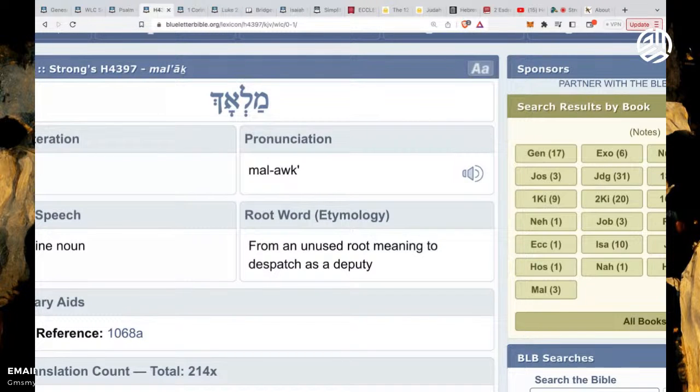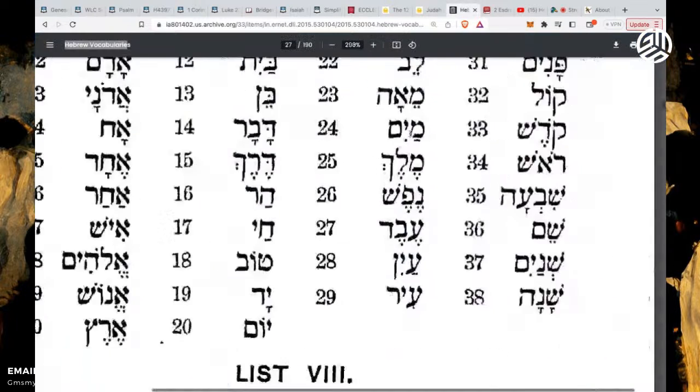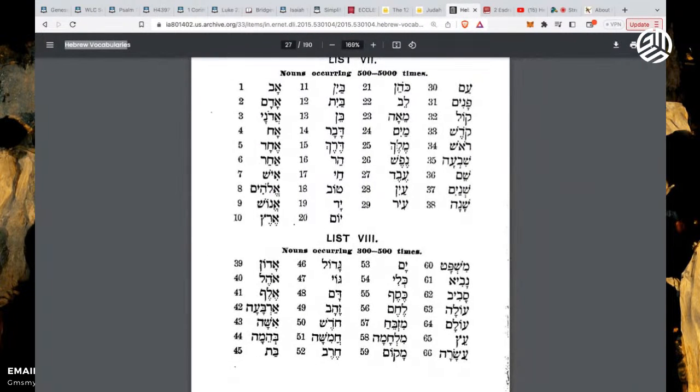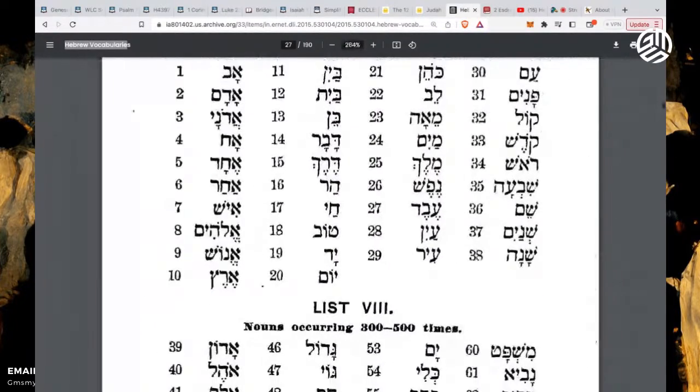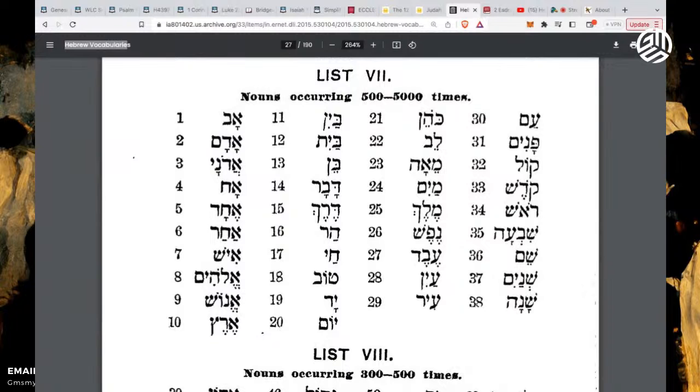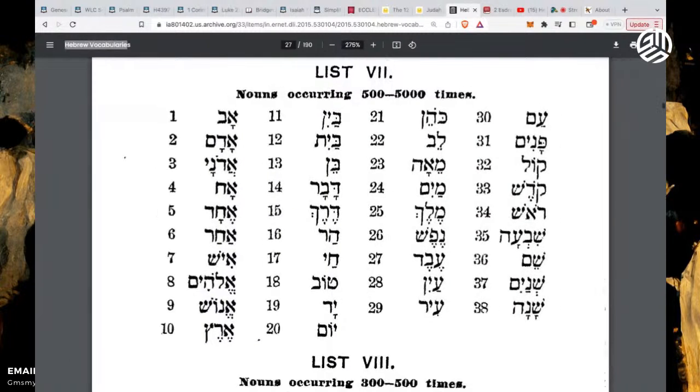You have to be able to get the core understanding of these words. These are the most important words. I want to stress this. These words that you're looking at on the screen, if you're new to the Hebrew and you're trying to figure out how do I learn Hebrew, it seems like a daunting task, something that I don't think I can ever do.